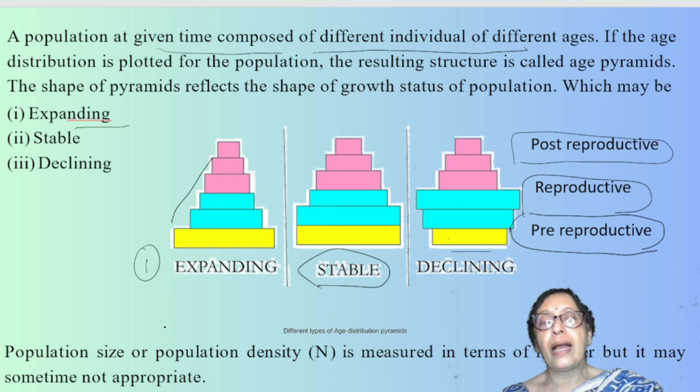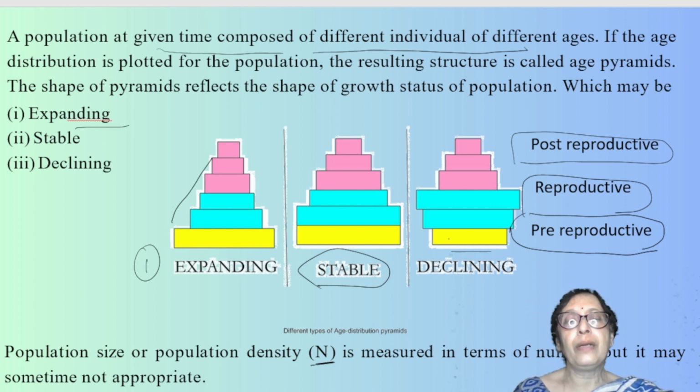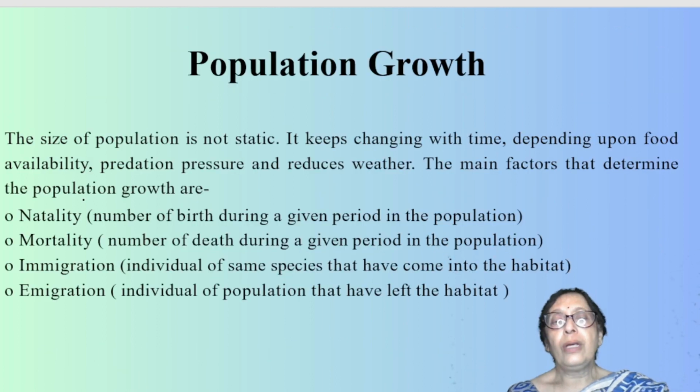Population size or population density, that is N, is measured in terms of number, but sometimes it may not be appropriate. And we always compare two populations with the help of population density. The size of the population is always changing. Every minute there are so many births, every minute there are so many deaths.